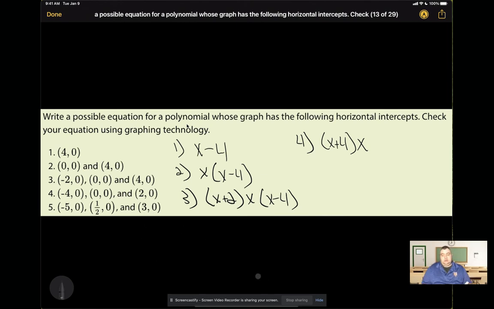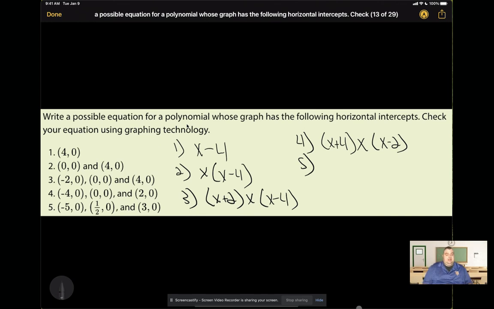And for 2, my factor is going to be x minus 2. And that's it. If you were to graph this on Desmos, it would indeed have those x-intercepts.